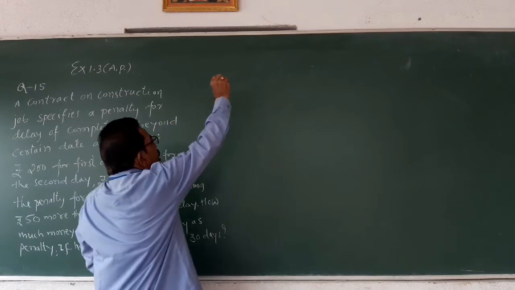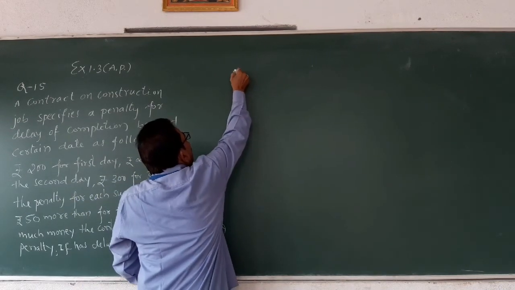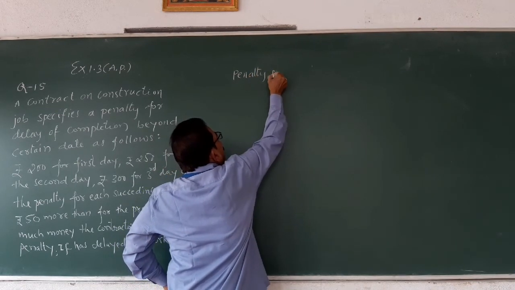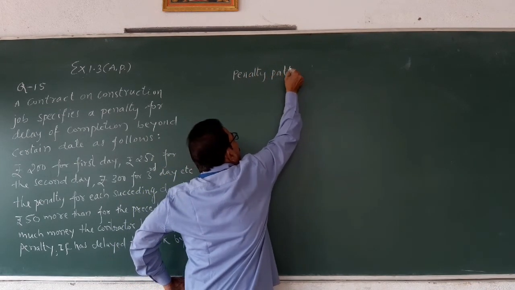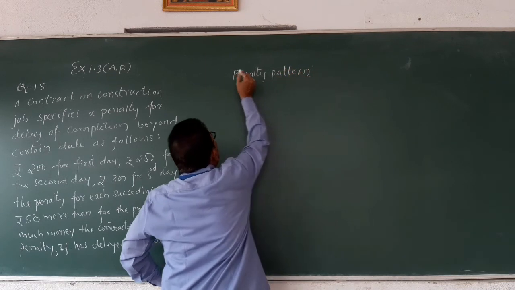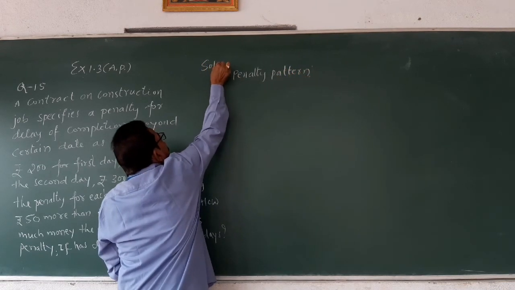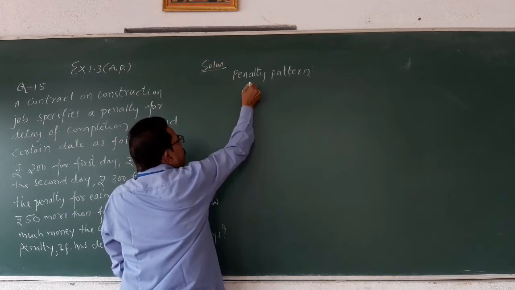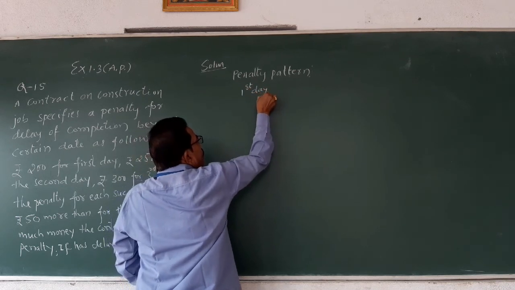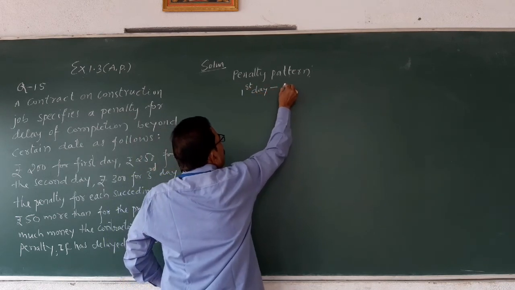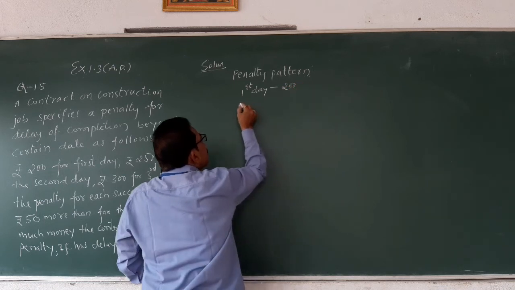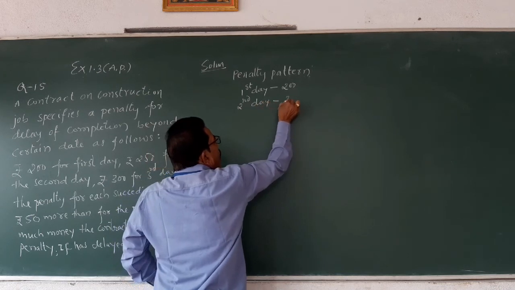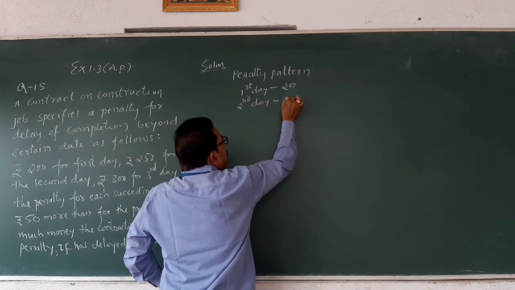Say, penalty pattern. First day, $200. Second day, $250.